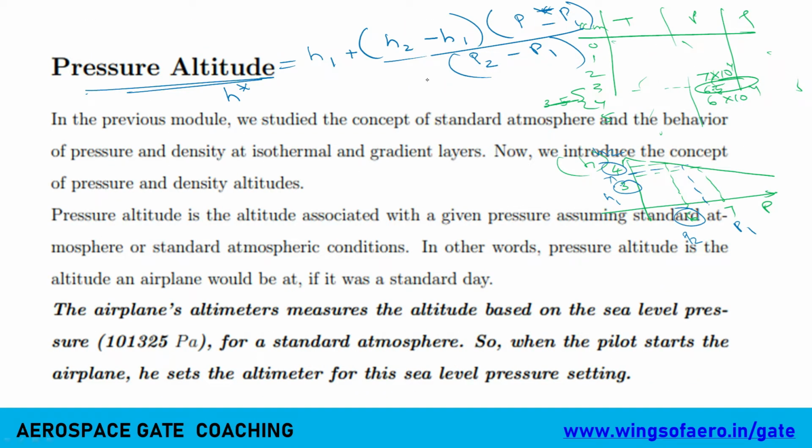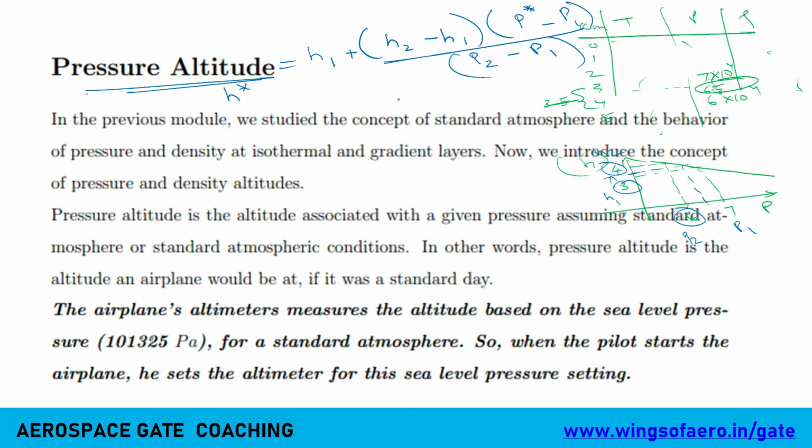This is the formula: H star equals H1 plus (H2 minus H1) into (P star minus P1) divided by (P2 minus P1).